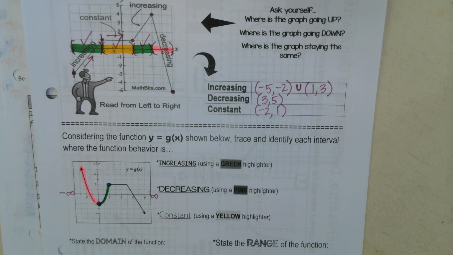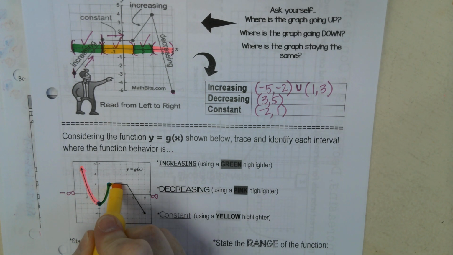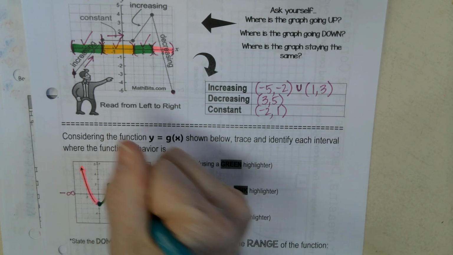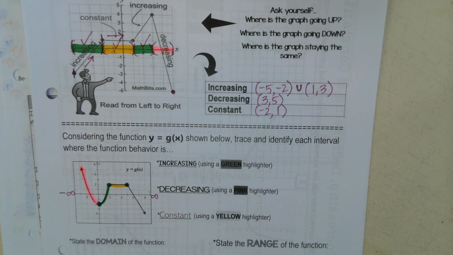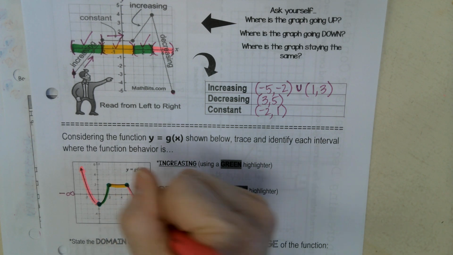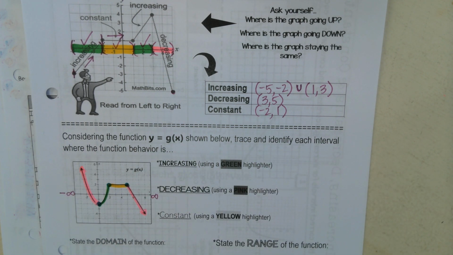Then it's what? Constant. It's flat until I get here. And then what does it do? It decreases again, and notice it's following that arrow.